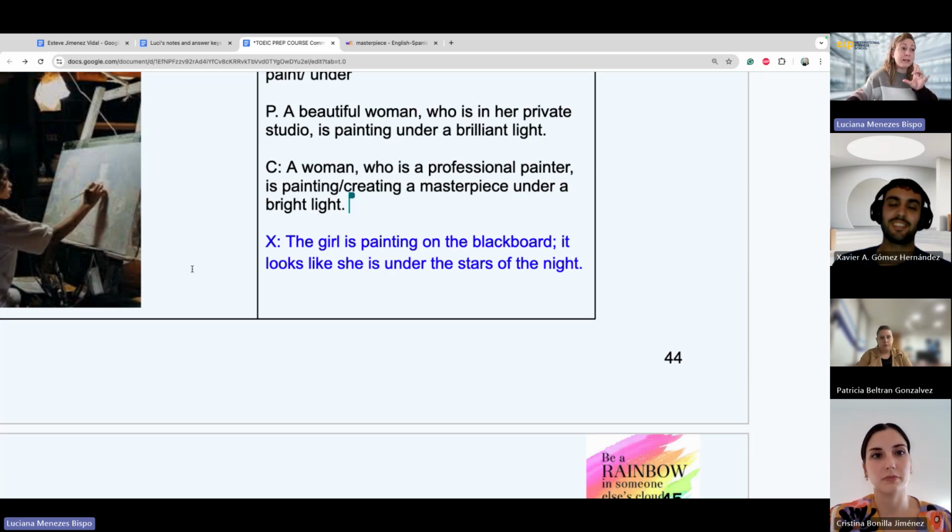But as the picture is based, I can say that Cristina cannot say do a masterpiece because the collocation is not the proper one. But nobody can say that this girl could not be painting on a blackboard. Okay, although this is not a blackboard.